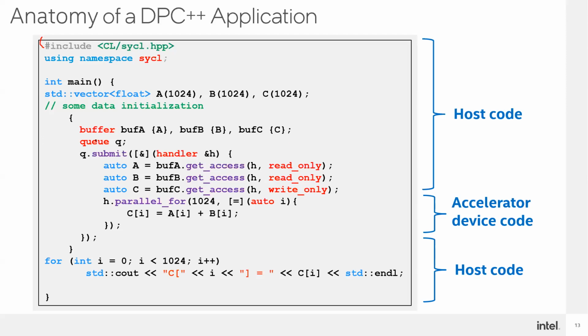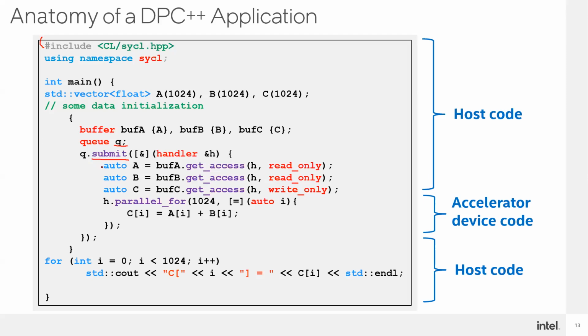As I said, the basic concept is that you create a queue, which is linked to some device, and then you submit command groups to this queue. The first step to pay attention to is how the queue is defined, and then the submit operation, the submit member function of the queue class. This does the enqueuing.